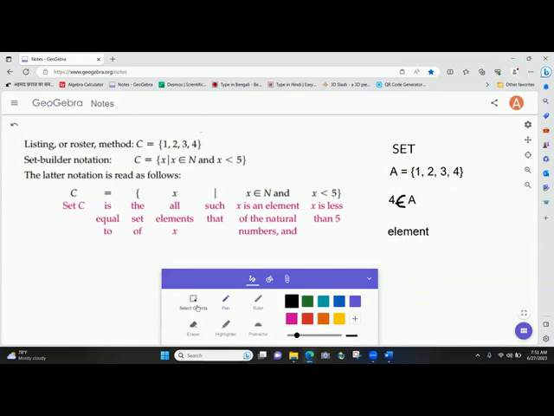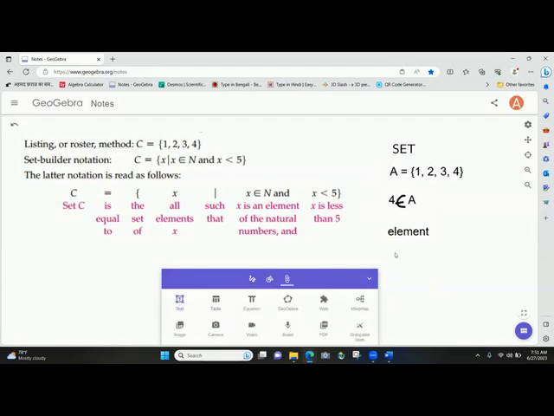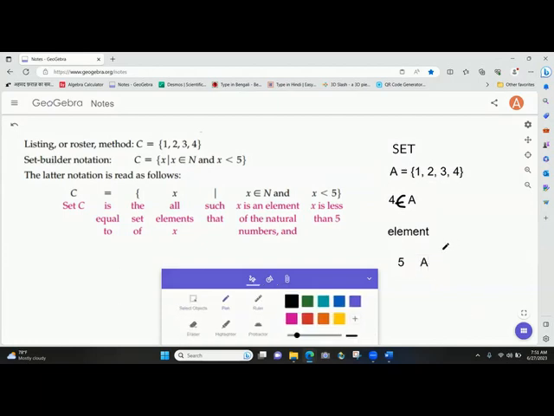Now, this is also true. 5 is actually not an element of A. And how do we write it? We write the element symbol, then put a slash over it. So 5 is not an element of A. 4 is an element of A. So this is the way we name or describe sets.